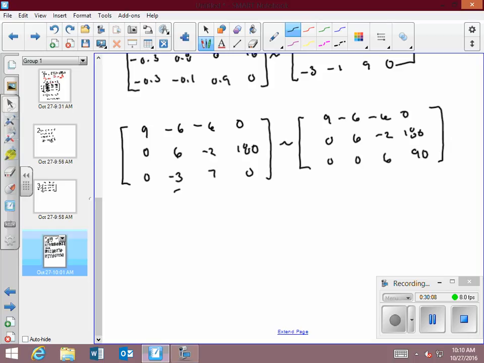Now I think it might be beneficial to divide the bottom row by 6, because otherwise I'd take a third. Well, maybe it'd be simpler if I just took a third. Maybe if I just left it that way.